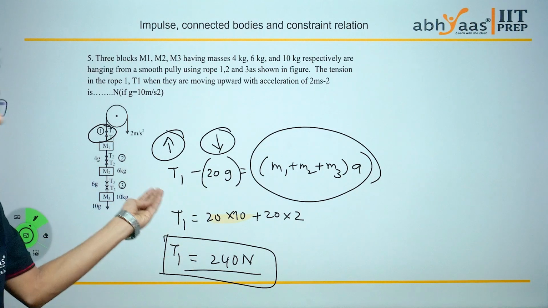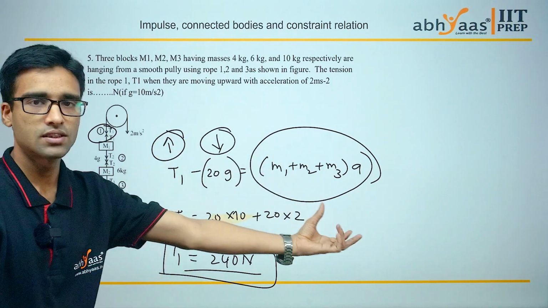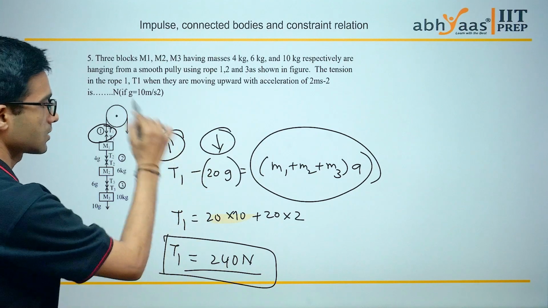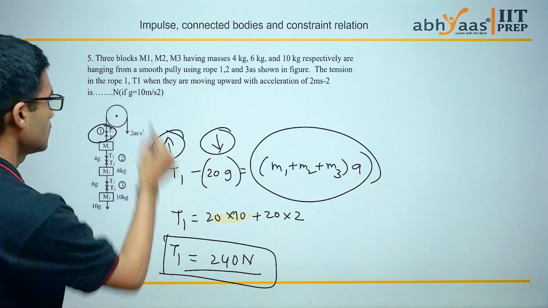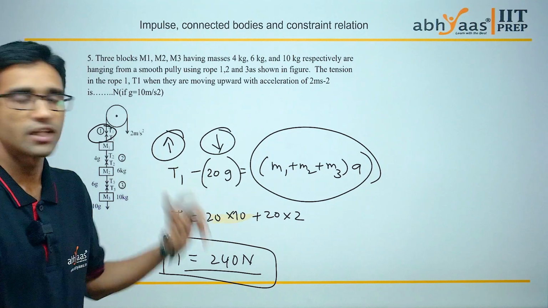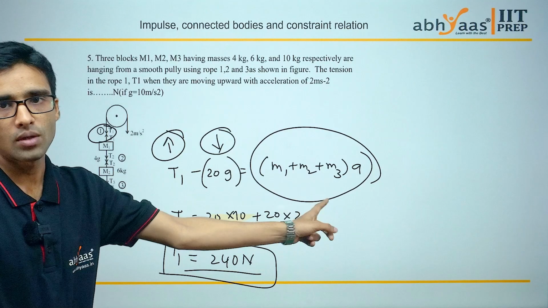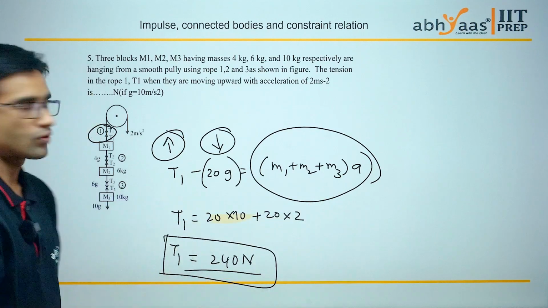So that's why I have taken T1 minus weight minus this one. Because it's going upwards, that's why it is positive, whereas this one is negative. The pseudo force is total mass into acceleration, and you will get 240 newtons.